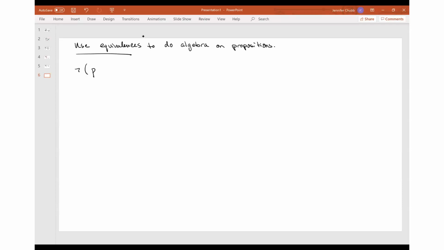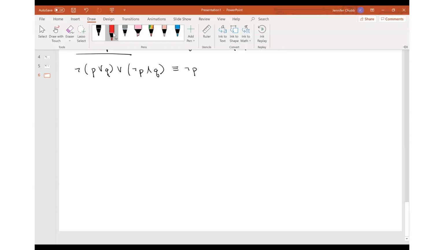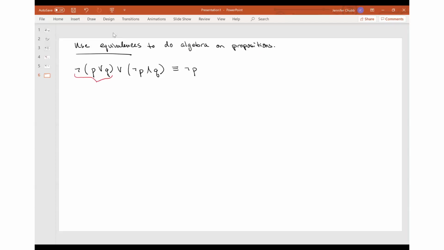So let's show this: not P or Q, or not P and Q, is equivalent to the negation of P. Just like we could simplify an algebraic expression by using rules like x plus x equals 2x or x times x equals x squared, we can do that here too by using our laws. Like this one, I know by De Morgan's law that this is equivalent to not P and not Q.